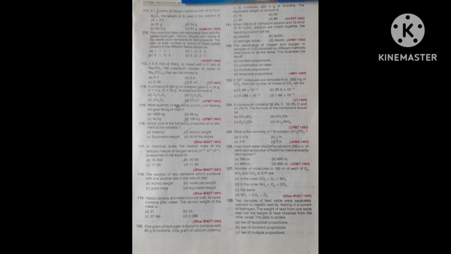Again I am reading the question a second time. A compound contains 38.8% carbon, 16% H, and 45.2% N. The formula of the compound would be: option 1, CH3NH2; option 2, CH3CN; option 3, C2H5CN; option 4, (CH2NH2) whole 2.